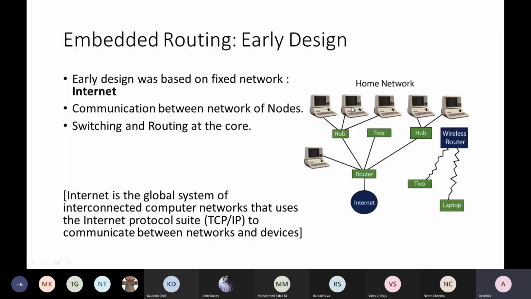Maybe before going to embedded routing, just a quick recap of what we know about the routing concept from general traditional networking, from the concept of the internet. So you understand that when we have our home network connected with multiple hosts, and we are trying to connect them to the internet, basically they are going through some router.